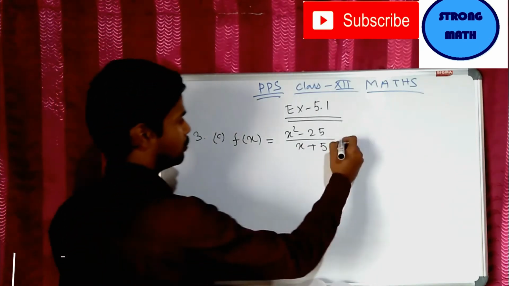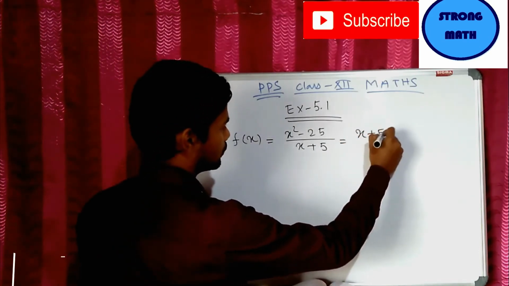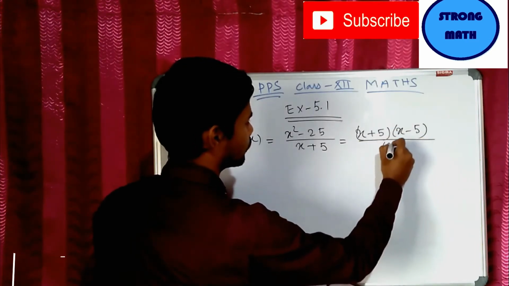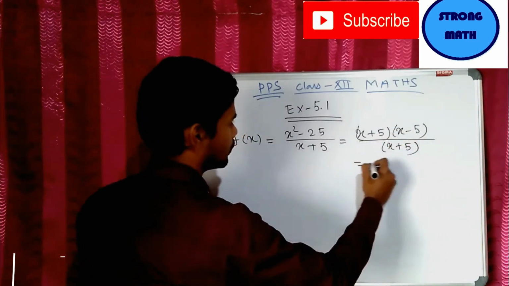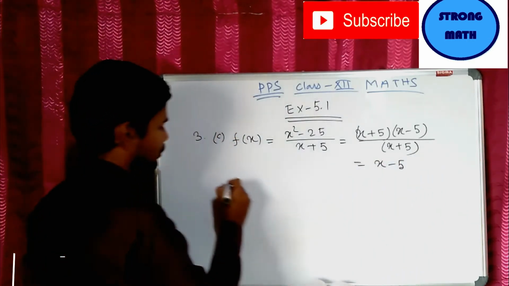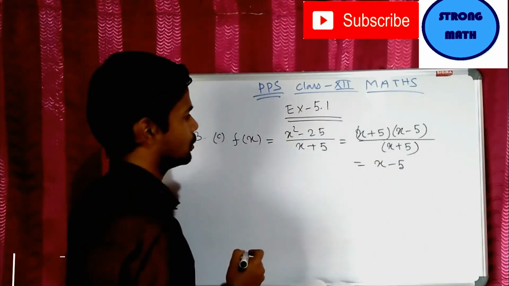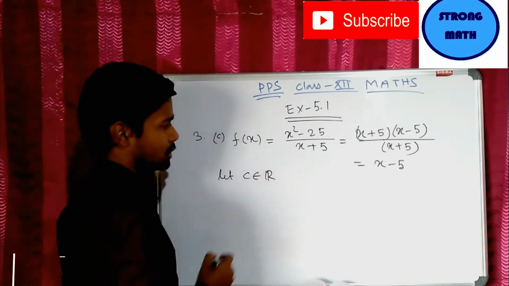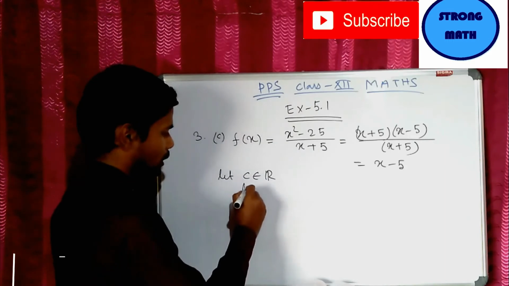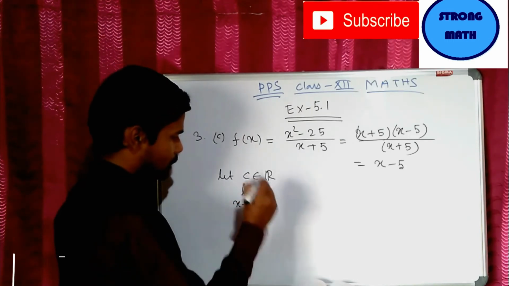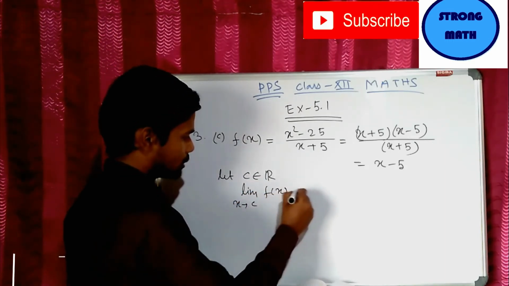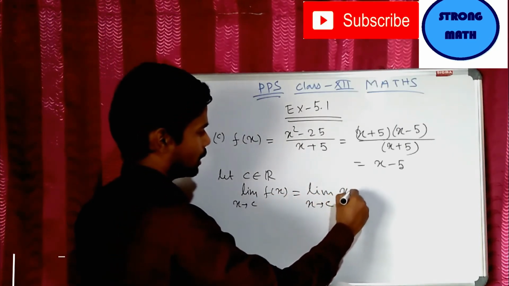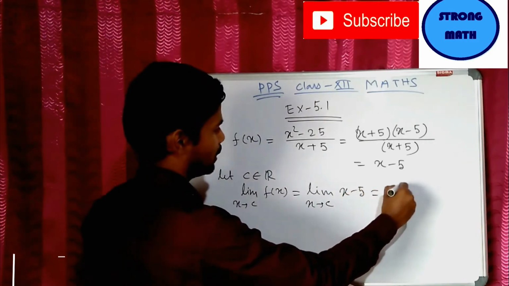At first, simplify it. Let C be any real number, positive, negative or 0. Now limit x tends to C of f of x equals limit x tends to C of x minus 5, which equals C minus 5.